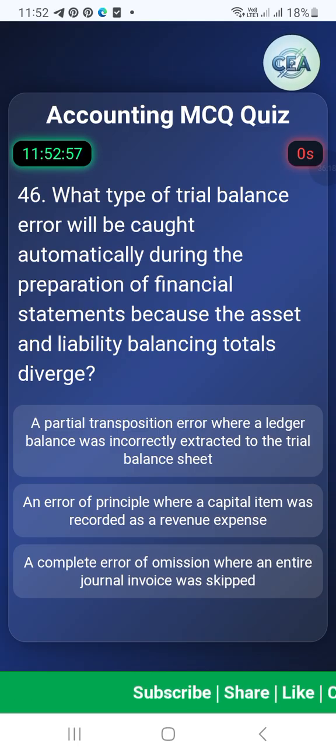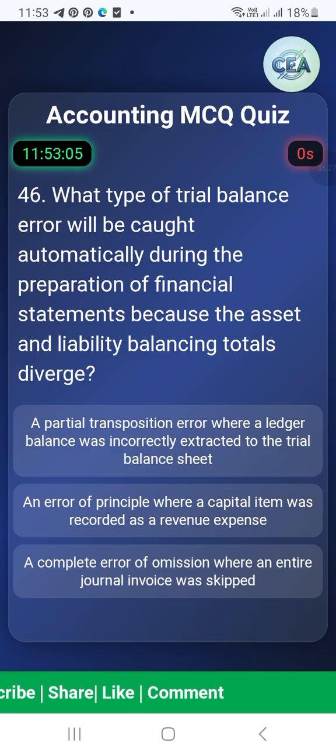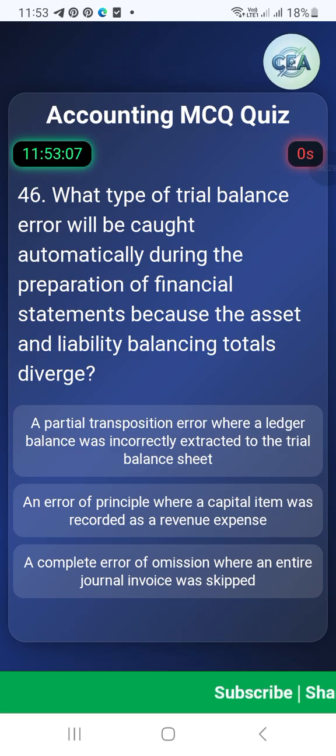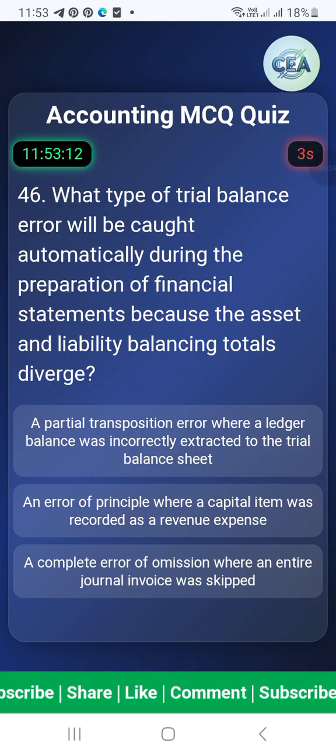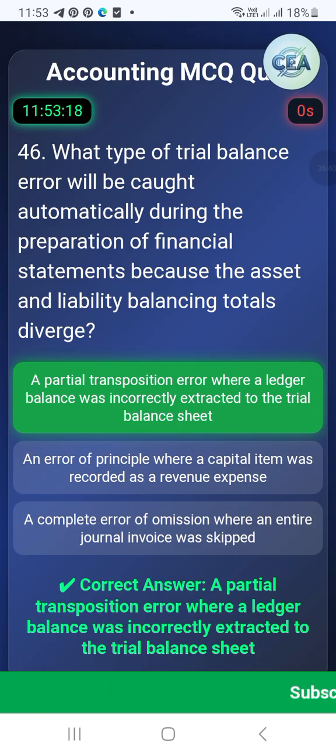An error of principle where a capital item was recorded as a revenue expense. Option 3. A complete error of omission where an entire journal invoice was skipped. Correct answer is a partial transposition error where a ledger balance was incorrectly extracted to the trial balance sheet.